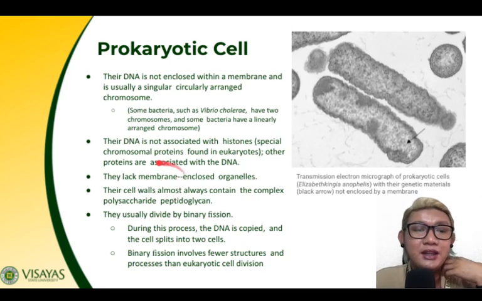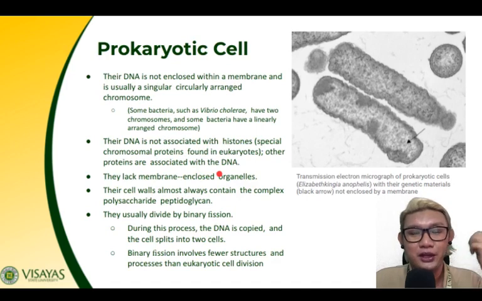Now, the prokaryotic DNA is not associated with histones. Histones are special chromosomal proteins found in eukaryotes, forming the nucleosomes. Other proteins are associated with the DNA.